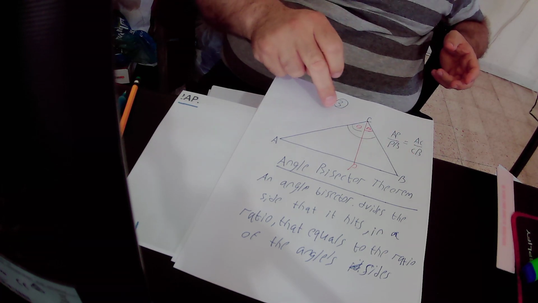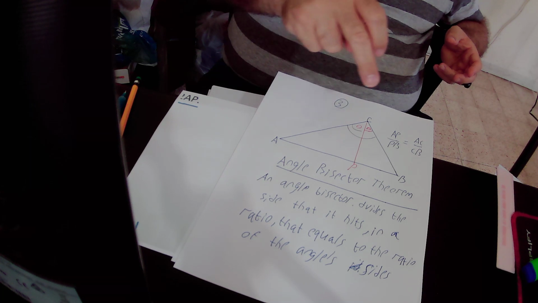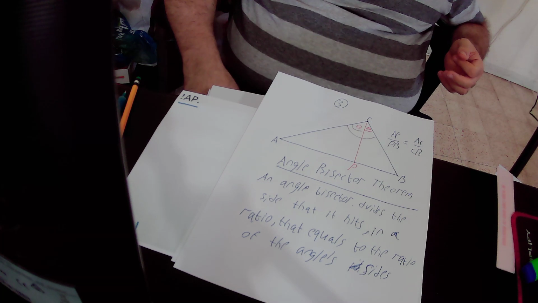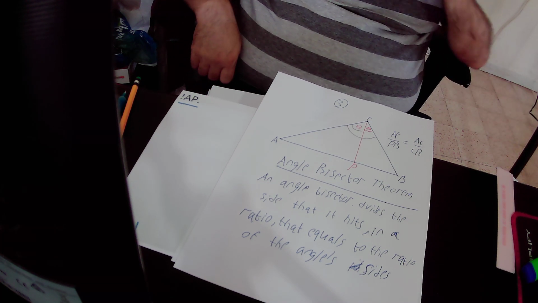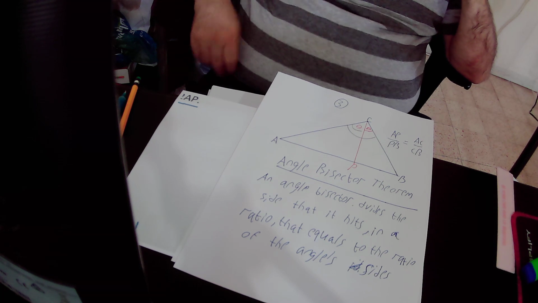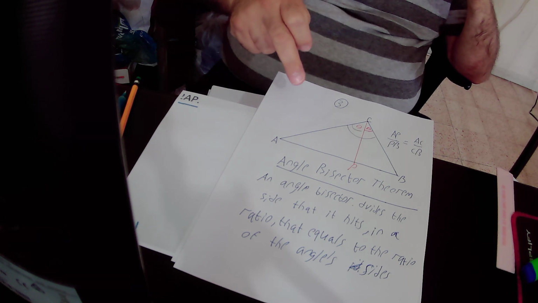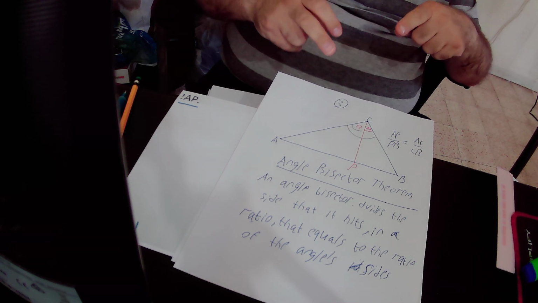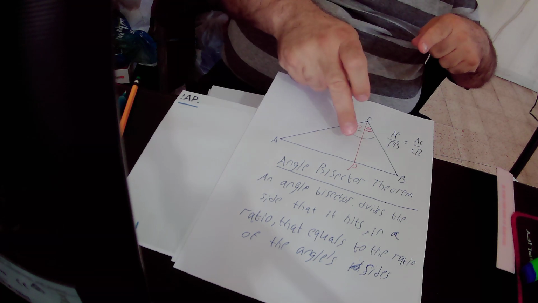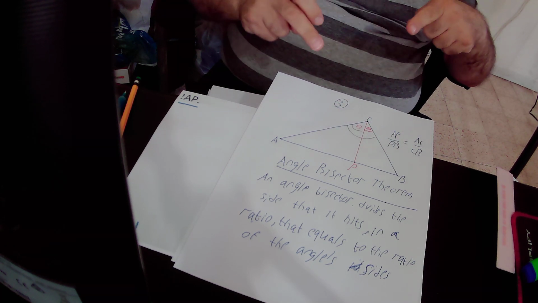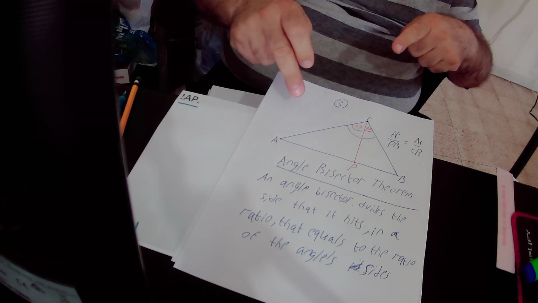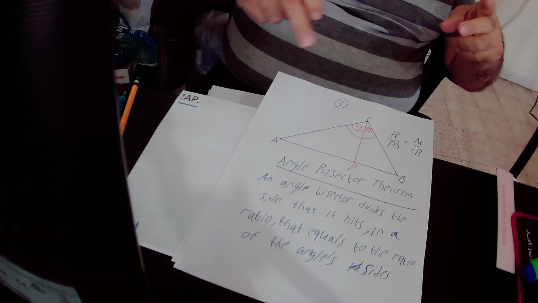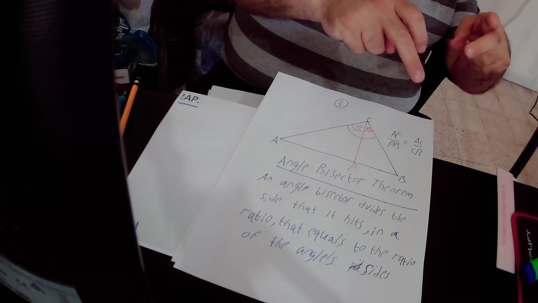So AC over CB equals AP over PB. Okay, so AP over PB equals AC over CB.